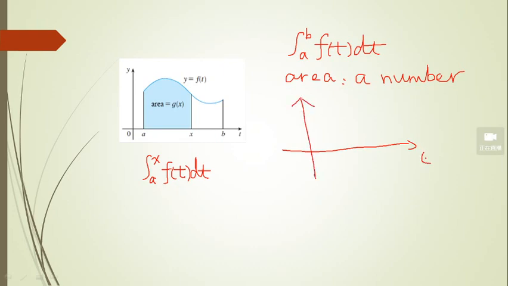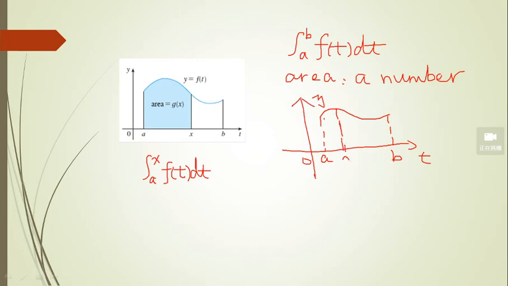Let me repeat the graph again. The independent variable is t, and then this curve from a to b, and I can shift my x between a and b.